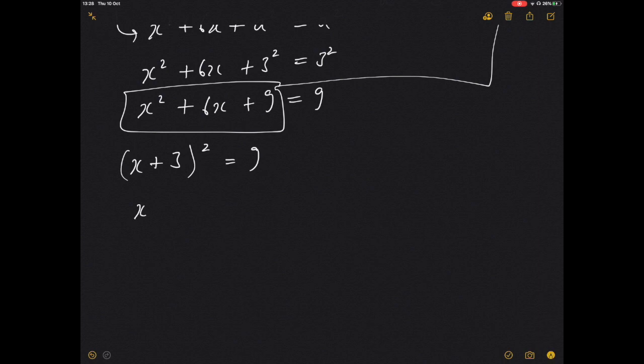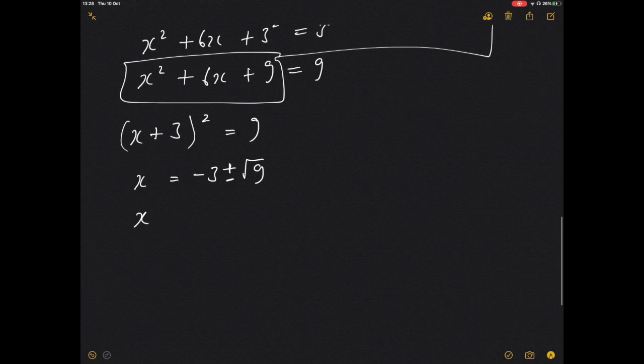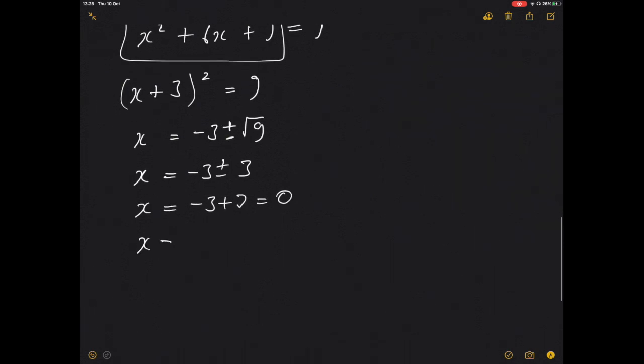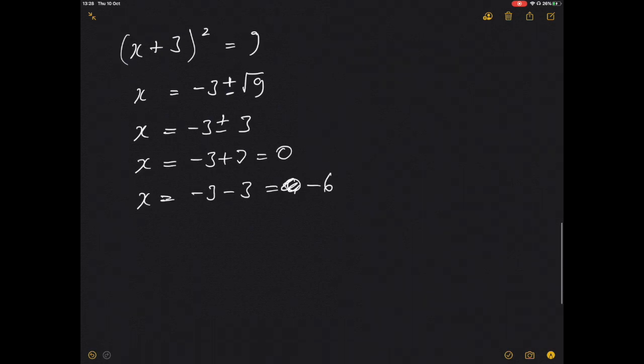So x equals negative 3 plus or minus the square root of 9. So x equals negative 3 plus or minus 3. Therefore, x equals negative 3 plus 3, which equals 0, or x equals negative 3 minus 3, which equals minus 6.